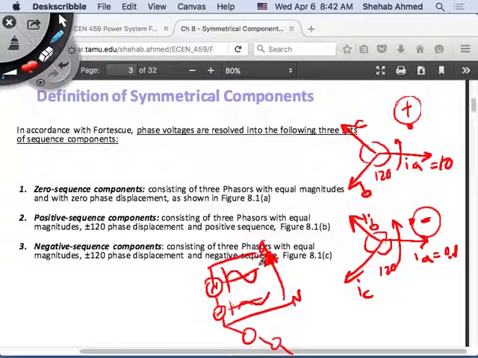So what do you think this would do to a motor, for example? Based on what you know from 338, if you apply this to a motor's terminals, it will spin in a certain way. How about if you apply only negative sequence? What did Dr. Haytham say will happen to the motor? It will spin in the opposite direction.